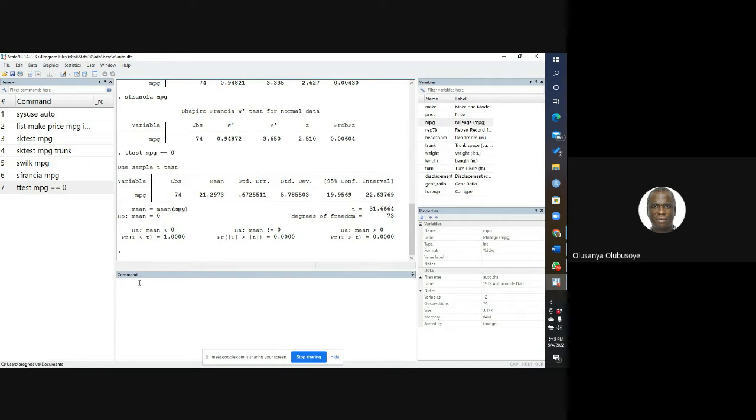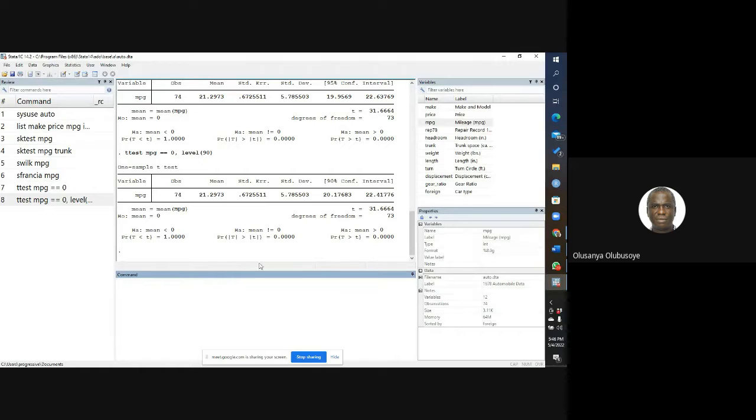We can change, of course, if we choose, we can change the level of significance. Let me say I want to use another level. So I'm using a 90% confidence level. And in that case, it means my alpha level will be 0.1. So again, whether I use that, the result is the same.